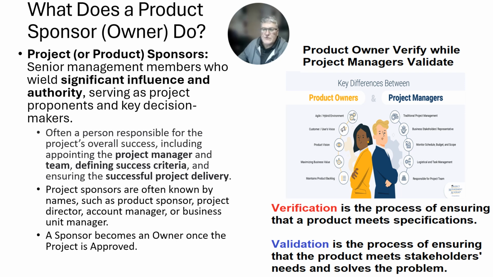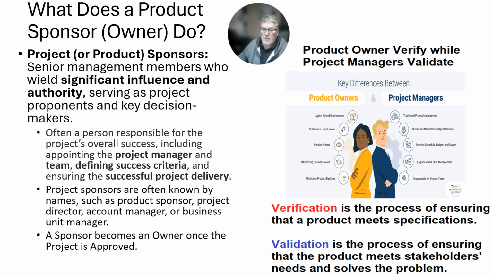Now, here are two terms that you need to be extremely knowledgeable on regarding the PMI exam, because you'll likely see this. The term verification is often used. Verification is the first step of a process. Verification is the process of ensuring that a product meets specifications.